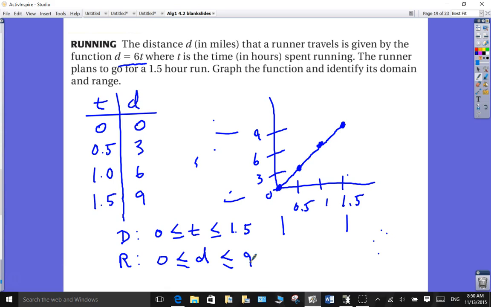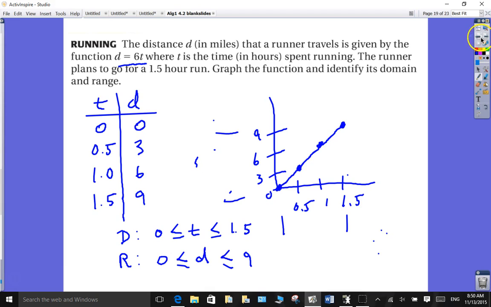Think of the variable that's in the middle, like the shading. 0 is to the left of the shading, and the shading is to the left of 1.5. It's in between those two. And here it's in between 0 on the bottom and 9 on the top. Those are the values you want.